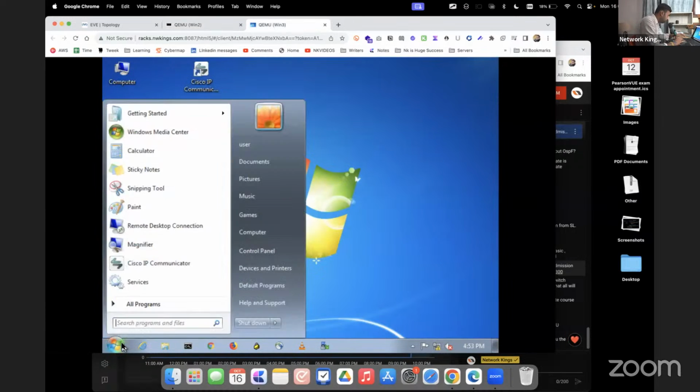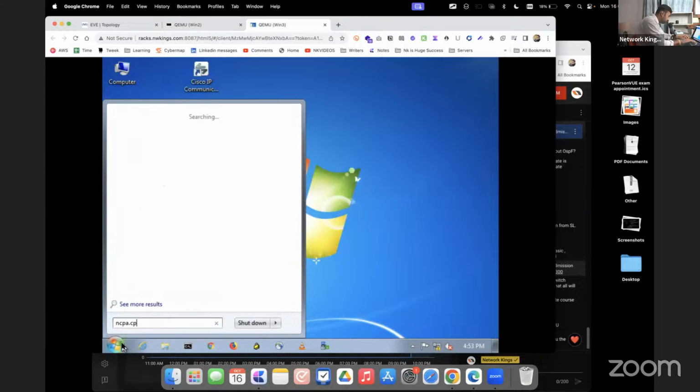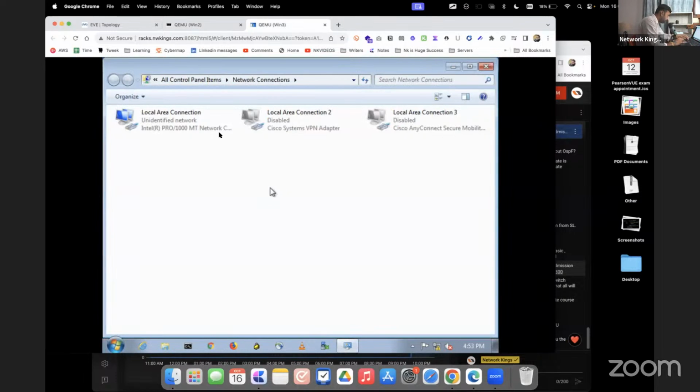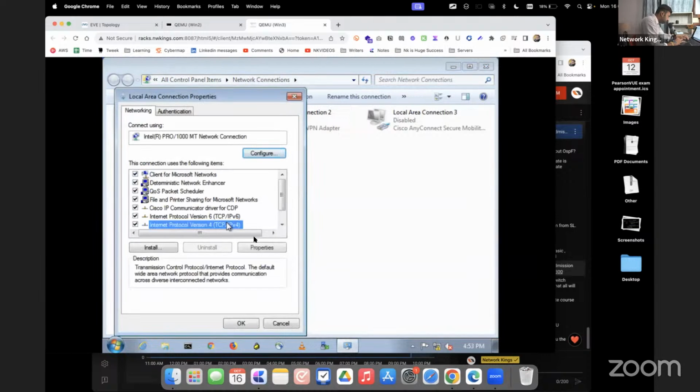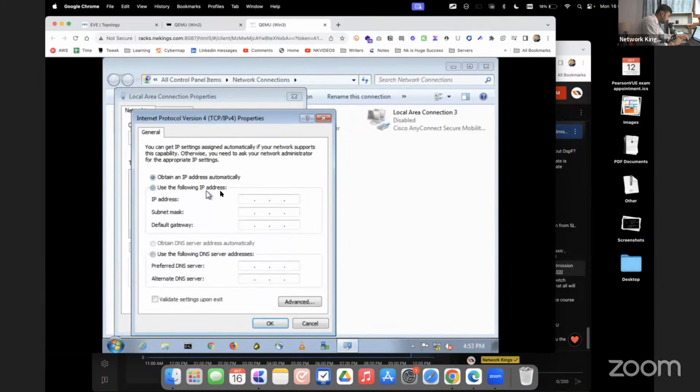Here also we go and type ncpa.cpl. We go here, Properties, IPv4 properties. Here we will give 192.168.1.3. And don't say point. I have seen a lot of people, even in interviews, say, sir, 192.168.1.3.